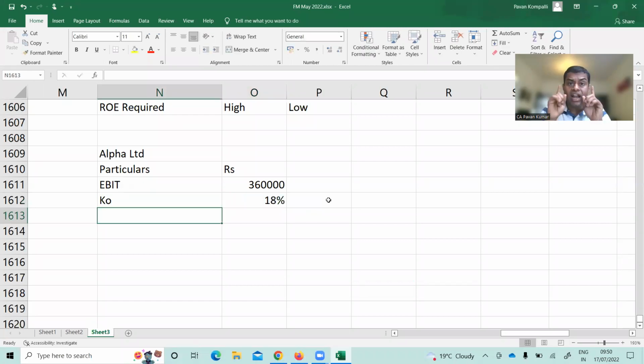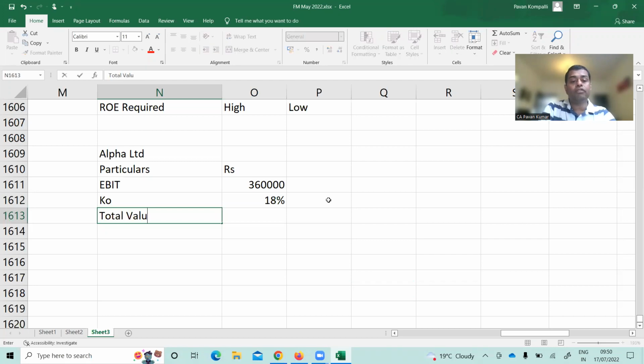Do you remember in the net income approach, KE and KD will be given and you need to calculate KO? In the net operating income approach, KO will be given to you because it is a constant overall cost of capital policy. The net operating income approach is the capital structure irrelevance theory. That means KO will be fixed and constant, so that is given as 18%.